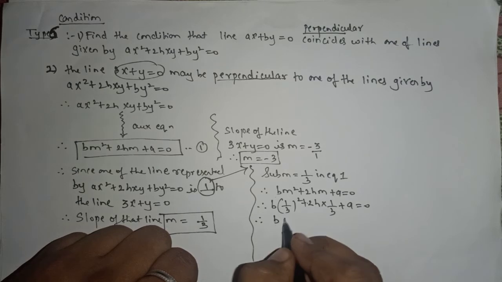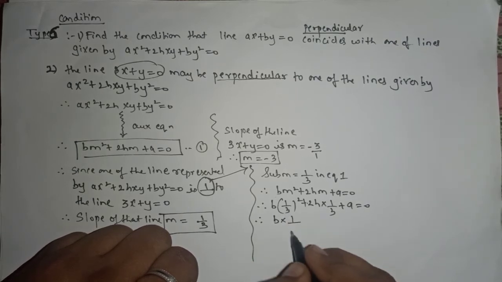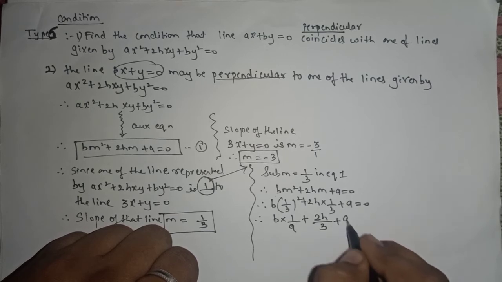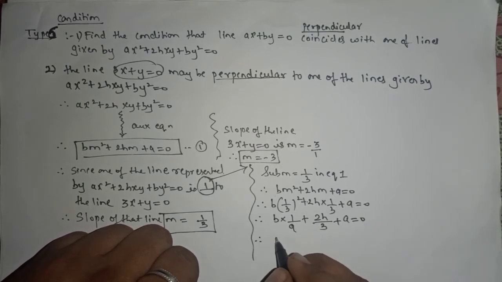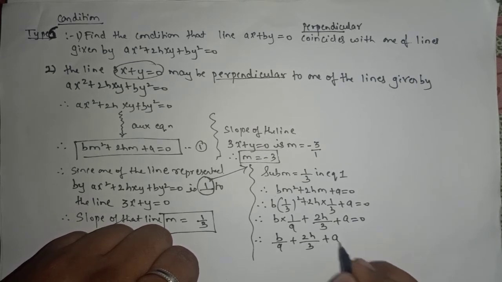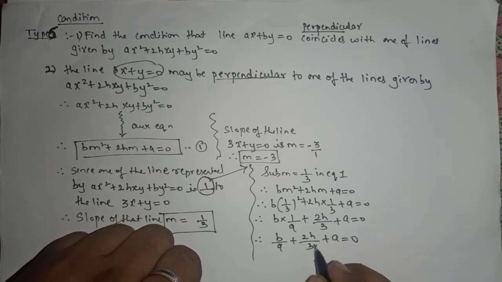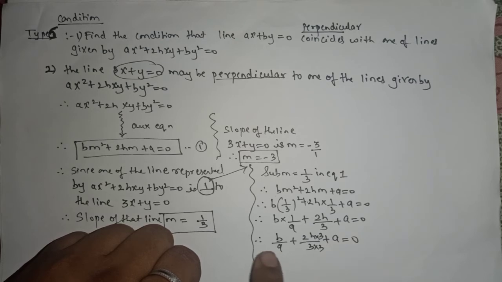Here 1 square is 1 and 3 square is 9, so this can be written as b upon 9 plus 2h upon 3 plus a equals to 0. To make the denominators the same, we multiply the second term by 3 and the third by 9.